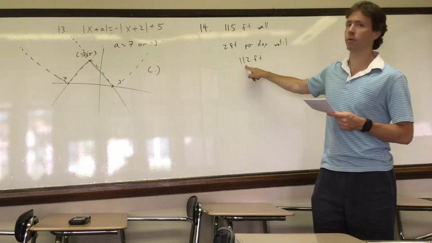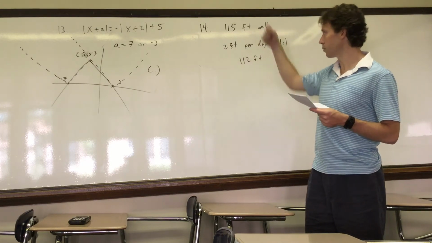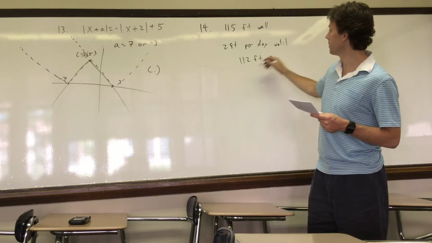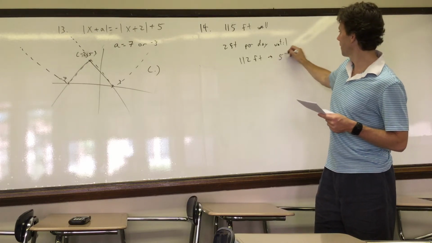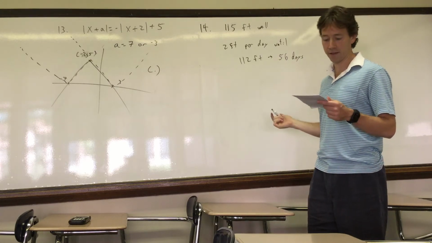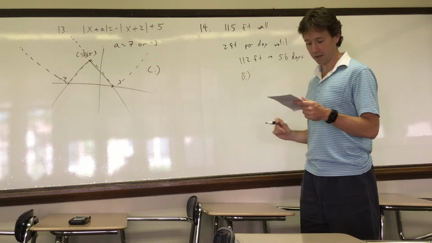But once it reaches 112 feet, then it will climb out of the well. The next 3 feet will bring it to the top of the well. So I guess this is going to be 56 days, and then on the 57th day, he's going to climb out of the well. So the answer is B, 57.